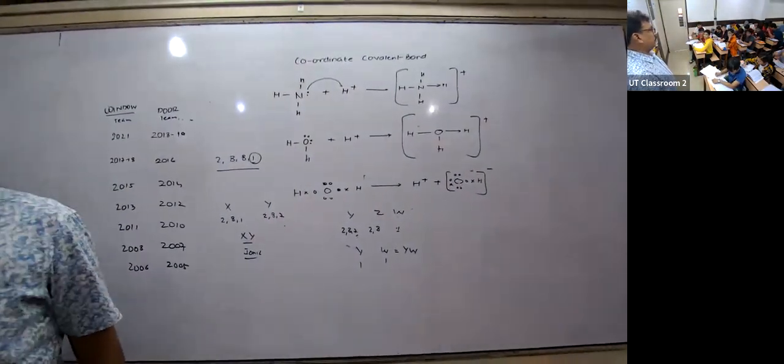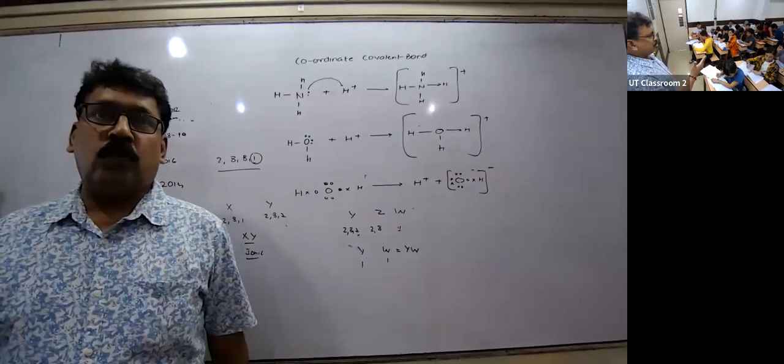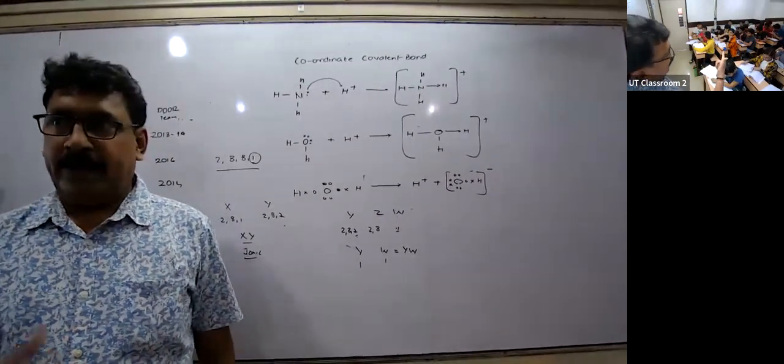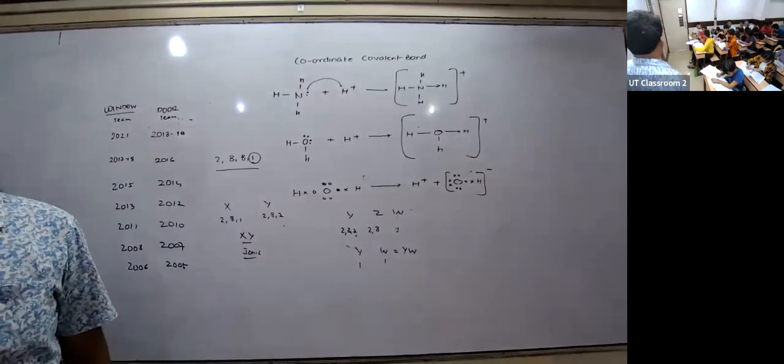Ammonium chloride is the only compound normally having covalent, ionic as well as coordinate covalent bonds. You know it.